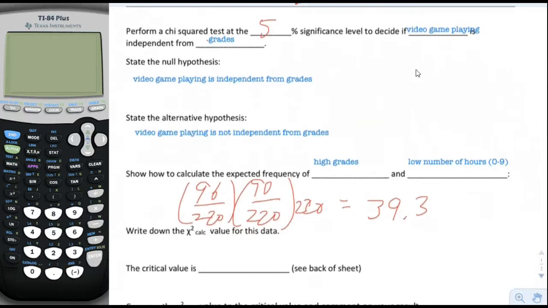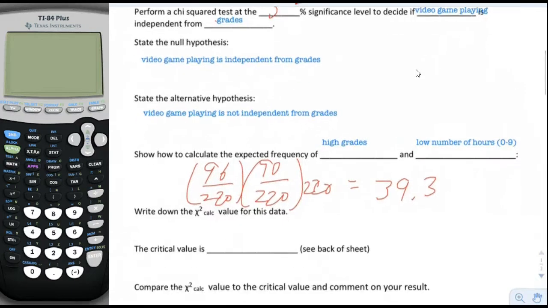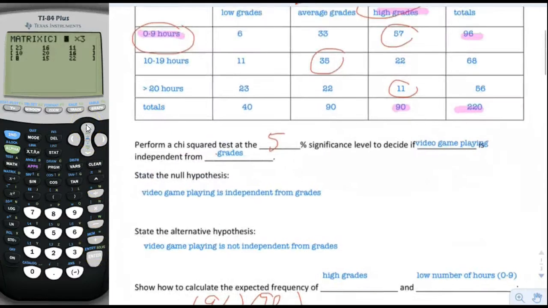Okay, write down the chi-squared calc value for this data. Now you're going to use your calculator, and you're going to put second matrix, and we're going to make a matrix. We're going to put in this matrix, let's say matrix C. Second matrix, and then we're going to go to edit, and then I'm going to go to C. And in C, I'm going to put my data that I had above here, and it's 3 by 3, right?